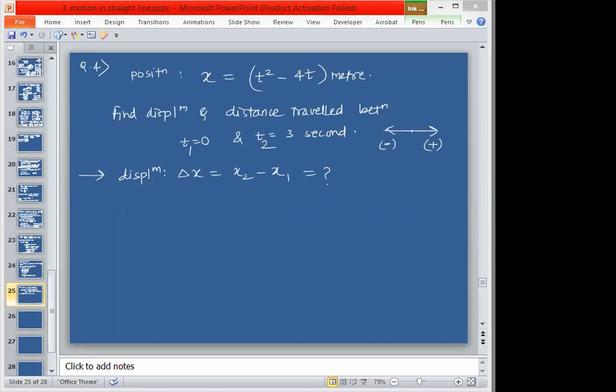See whether it is -3 or +3. The answer is displacement, so the unit will be meter. Unit is going to be meter. Okay.